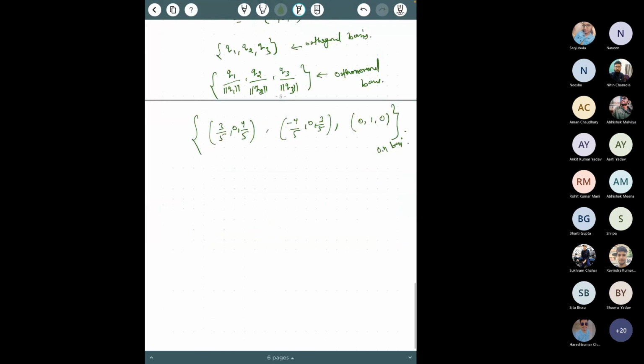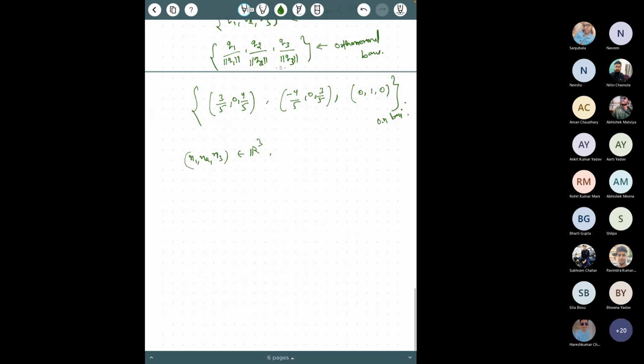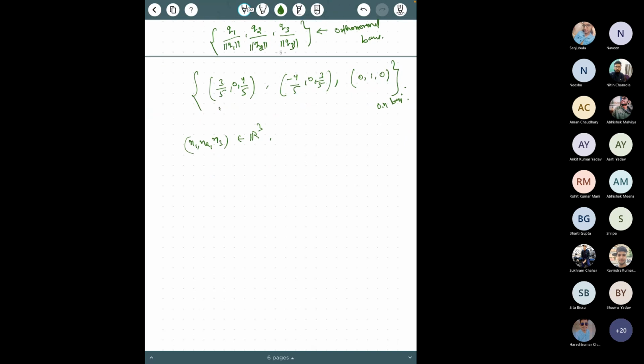Now, for the same example, if I give you any vector (x1, x2, x3), you can quickly tell me how to write this as a linear combination of this orthonormal basis, q1 tilde, q2 tilde, and q3 tilde.